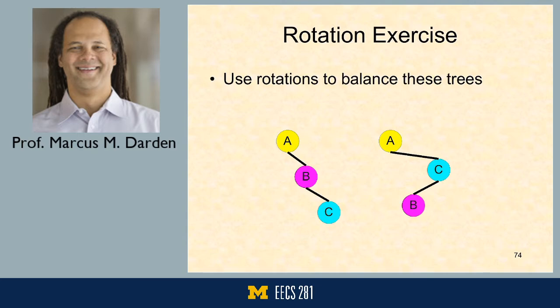I started out and said I was going to interchange the role of a node and its parent. So if I'm going to rotate this one, I think I need to rotate this one to the left, right? Because I see that I've got a tall right side and a small left side. So if I want to balance this out, I have to take things from the right and move them to the left.